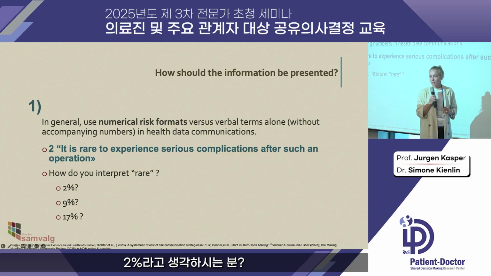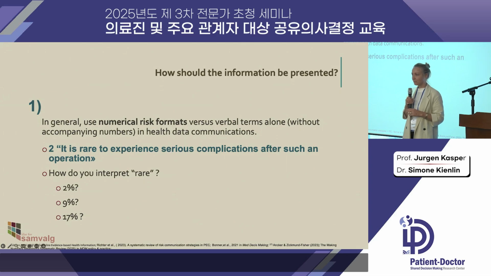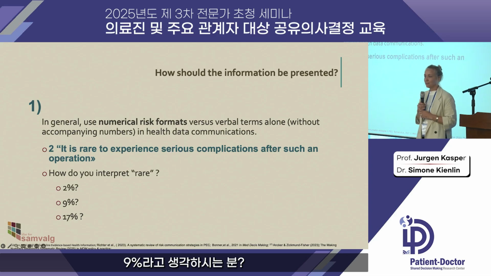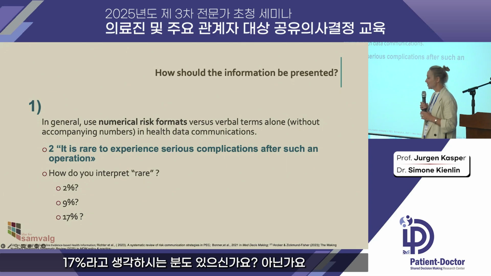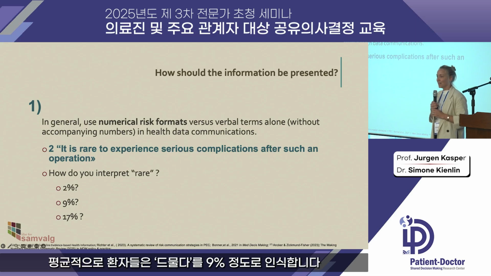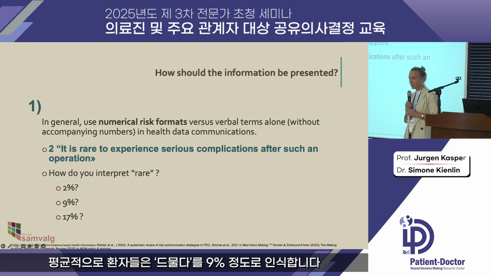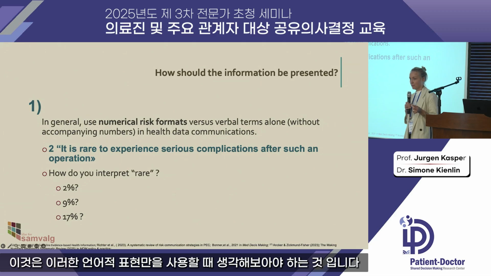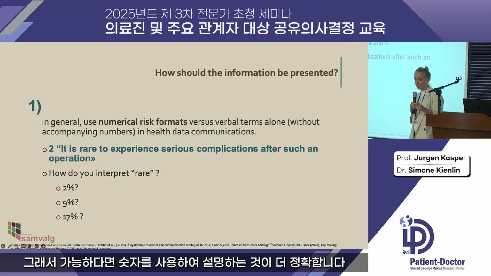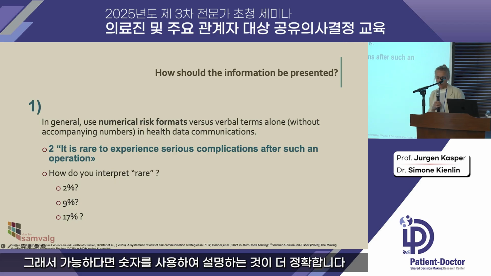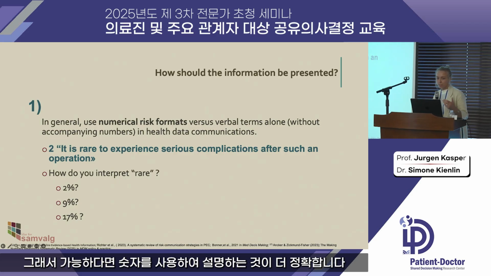Who thinks 2%? Who thinks 9%? Somebody says 17? No? Okay, so on average, patients believe that rare is 9%. So that's something we need to think about when we use verbal terms like this. That's why the recommendation is, if we have numbers, then use numbers instead of verbal terms only.